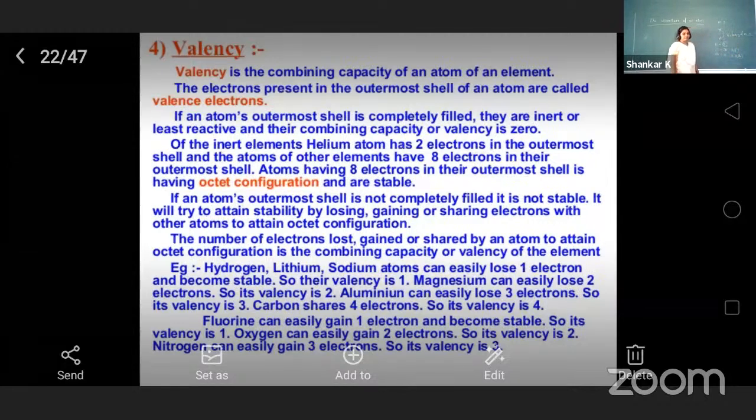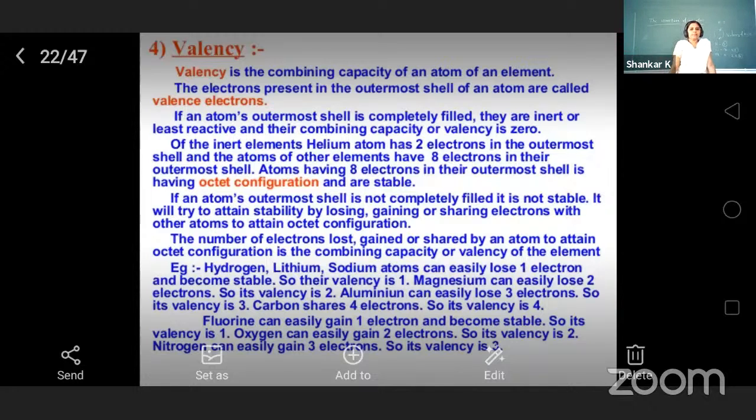So lithium, sodium, and other elements having 1 electron in the outermost orbit easily lose 1 electron and become stable. So their valency is also 1.